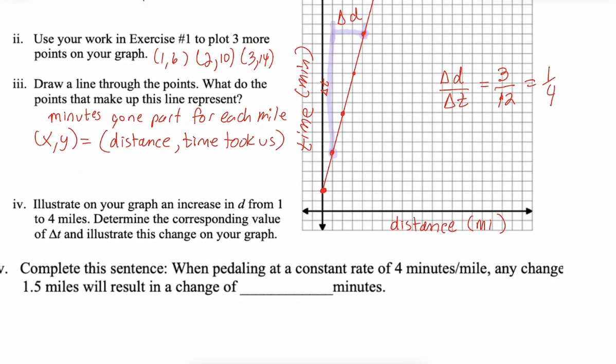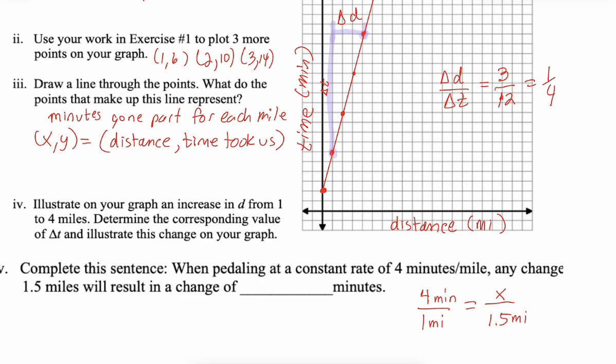So we have a little sentence here to complete. It says, complete this sentence: when pedaling at a constant rate of 4 minutes per mile, any change of 1.5 miles results in a change of how many minutes? So we can make a little chart. Remember, it's a constant rate of change. So 4 minutes over 1 mile would be the same as how many minutes over 1.5 miles?